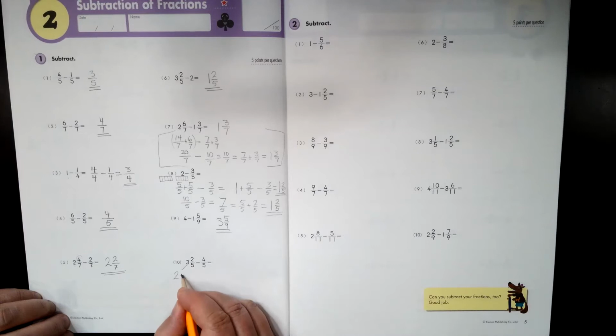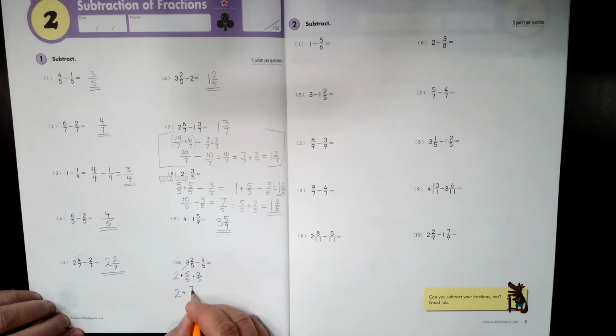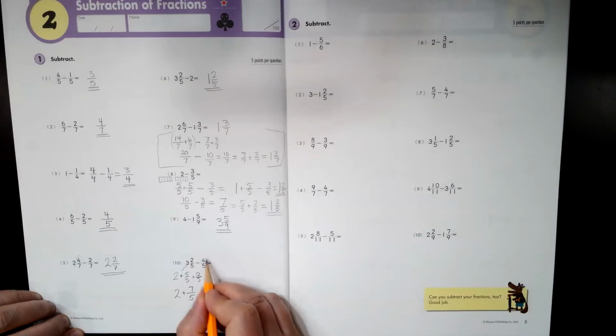So 2 plus 5 fifths, that's the same thing as 1, plus 2 fifths. And that is equal to 2 plus 7 fifths. Now our 7 fifths is bigger than 4 fifths.